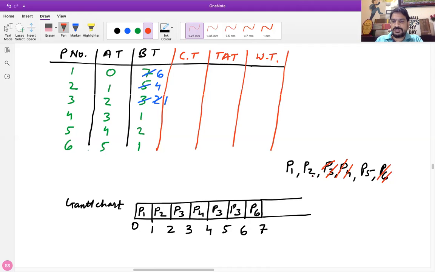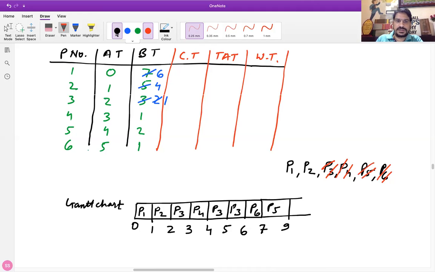Now which are left? P1, P2, and P5. Let's see. P1 is 6, P2 is 4, and P5 is 2. Definitely we have to pick the least one, so P5 will go here. It will execute 2 burst time, meaning it will complete at 9. After that, P5 is completed.